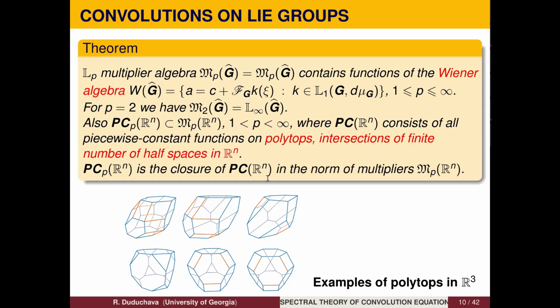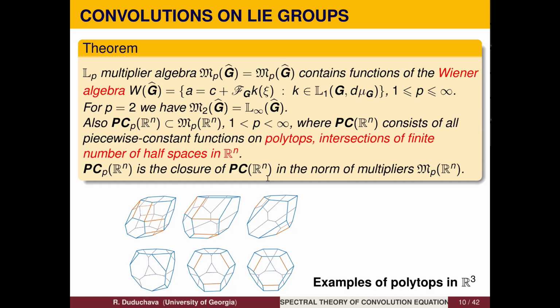What are the piecewise continuous functions on Rn? Well, how do we understand it? It is piecewise constant on polytopes. What is a polytope? A polytope is the intersection of a finite number of half spaces.